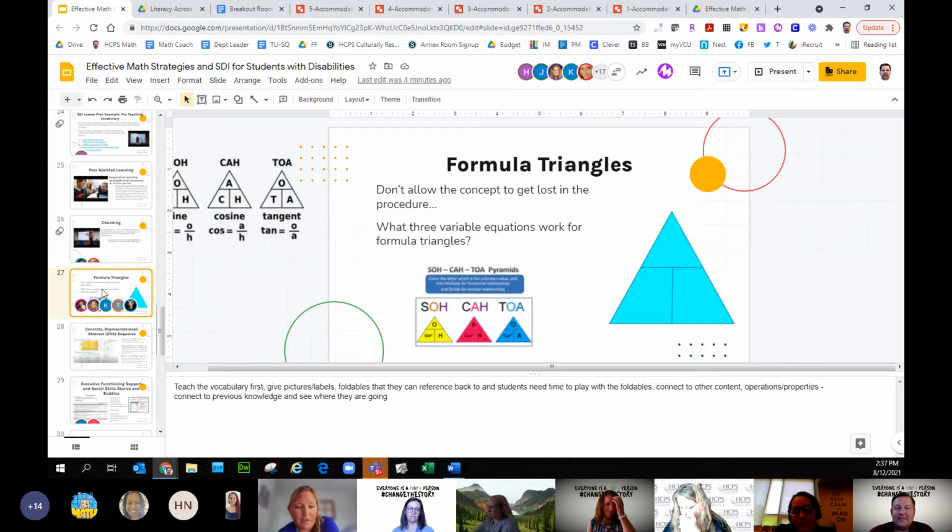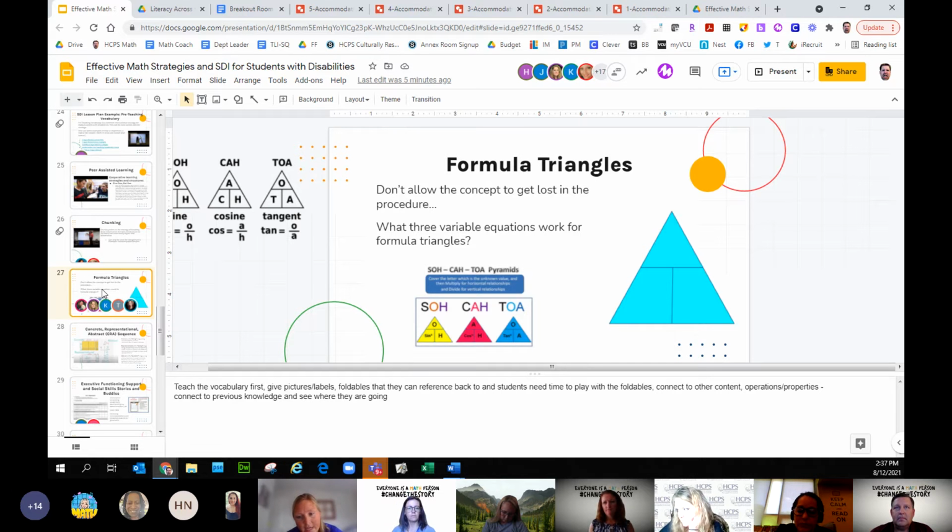Kind of like what you guys referenced with the order of operations in PEMDAS, is kind of what we talked about in our group with the formula triangles: teach the vocabulary first, give them pictures and labels, show them where they are and what they mean, before you give them the triangle. Once you've given them the triangle, you can give them the foldable, but don't just give it to them.